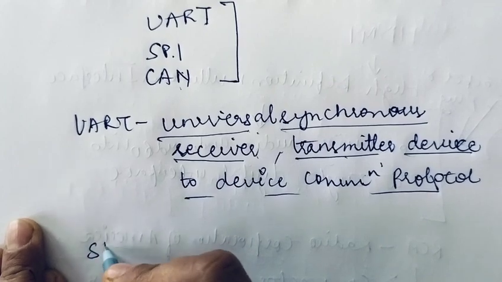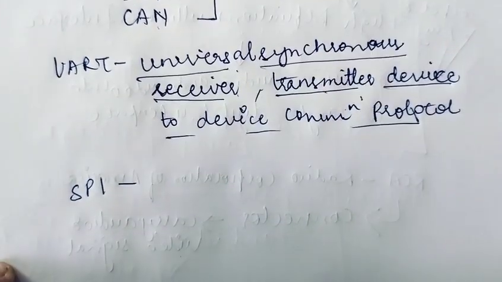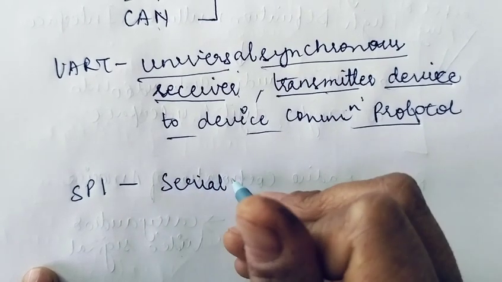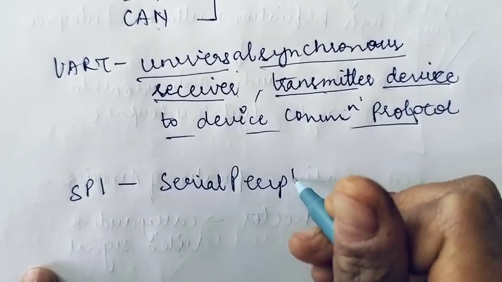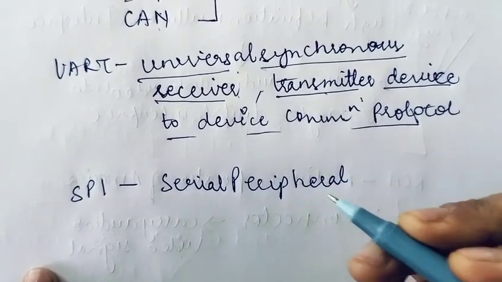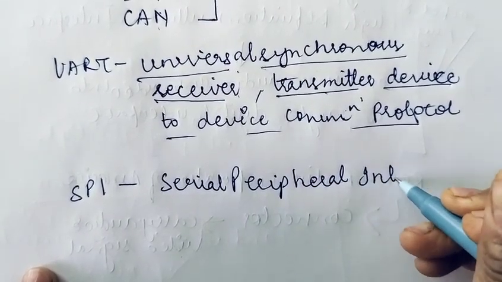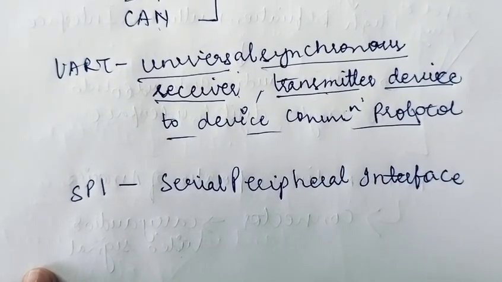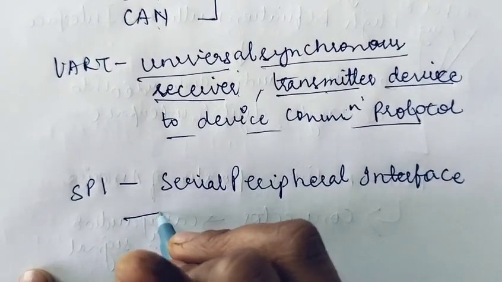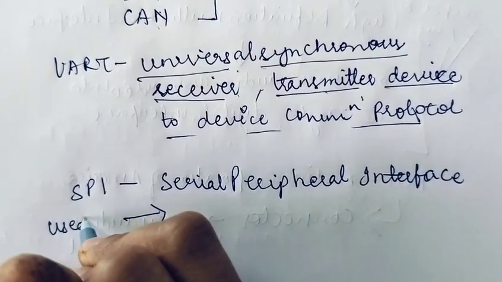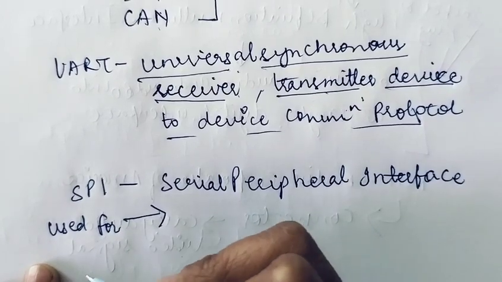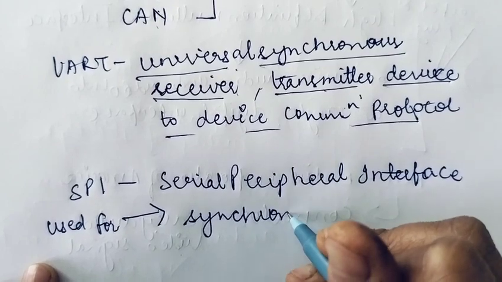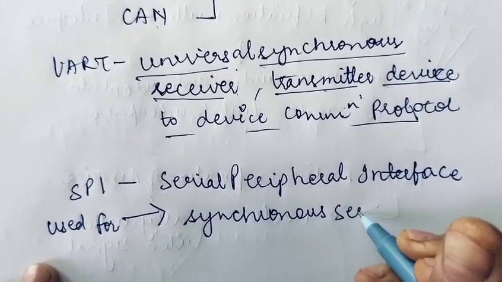Next is your SPI. What is SPI? The full form of SPI is Serial Peripheral Interface.